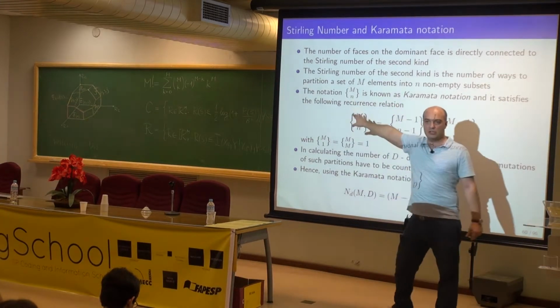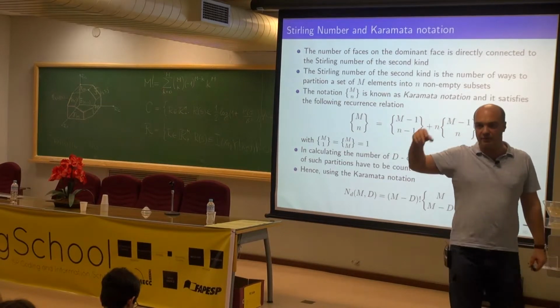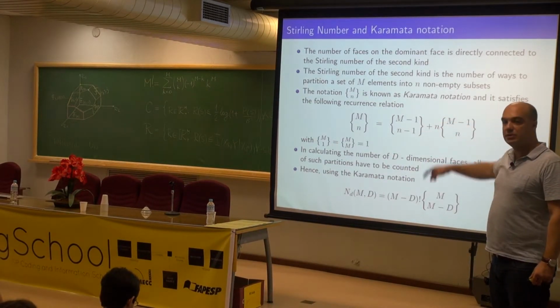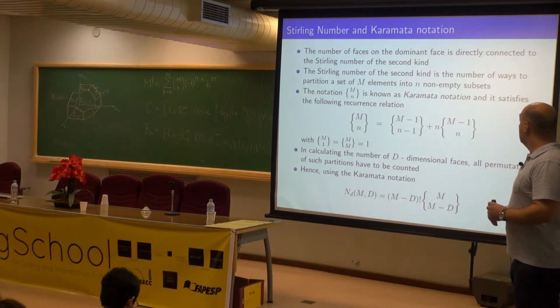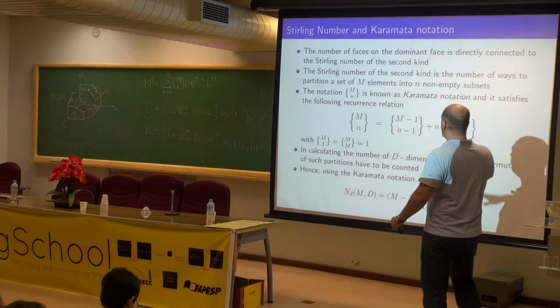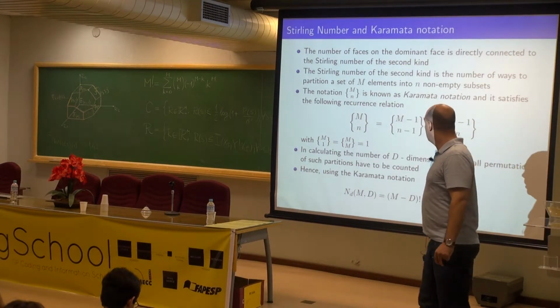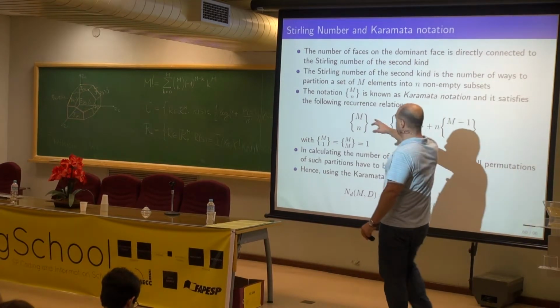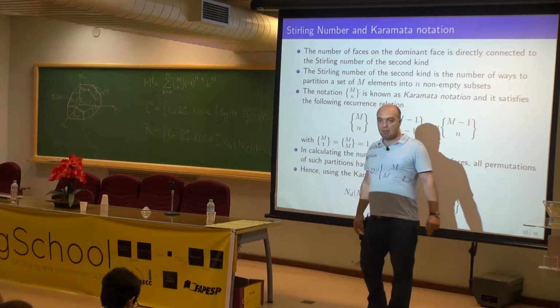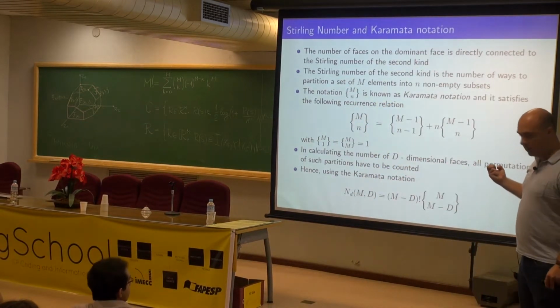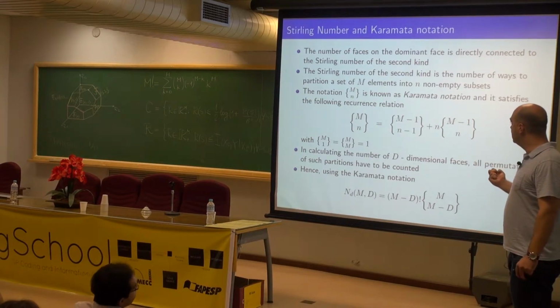Maybe some of you saw it. Instead of using the normal parentheses of the binomial coefficient, we use braces. Some authors call it Karamata notation, and this really means the number of partitions of a set of m elements.